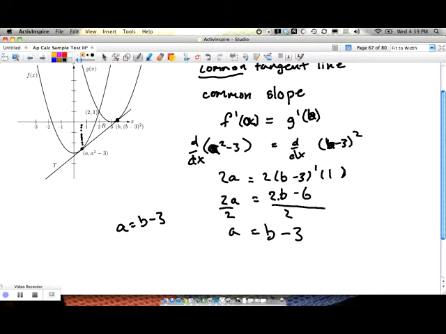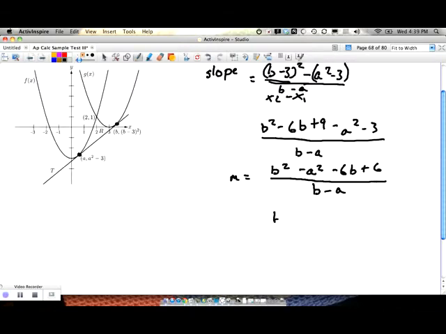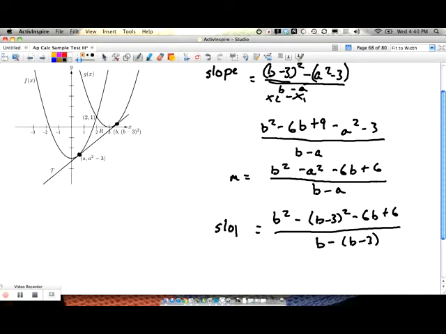So I'm going to make that substitution. That means I have b squared minus b minus 3 quantity squared minus 6b plus 6 over b minus, and then in here we got b minus 3. And that's our slope. Does that help us at all? Not exactly.